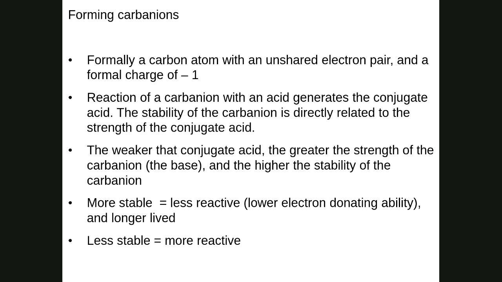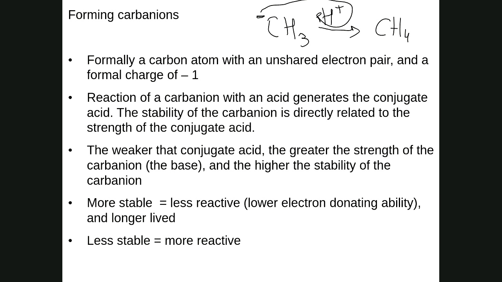You can imagine the simplest carbanion you can have is the one with one carbon atom coming from a methyl group. So if you imagine this is your carbanion and you have it in an acidic medium, it will react quite quickly to form the conjugate acid, which is the methane molecule.